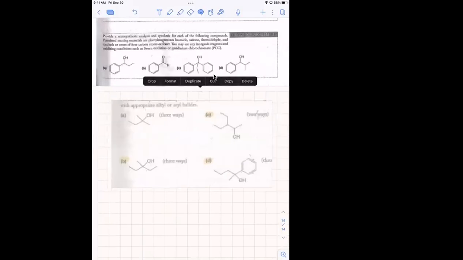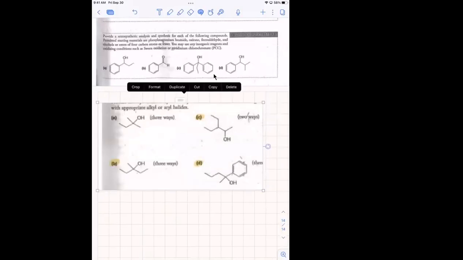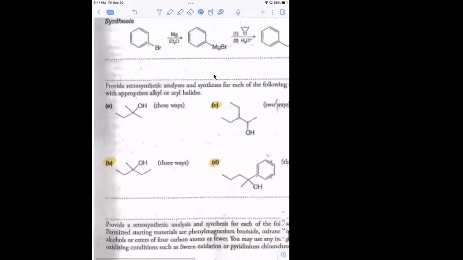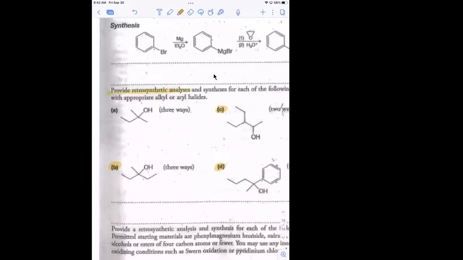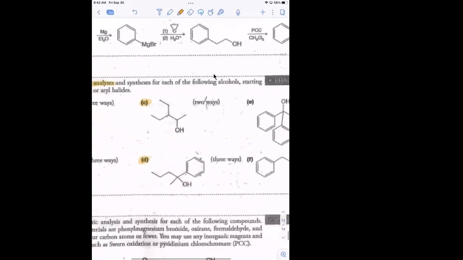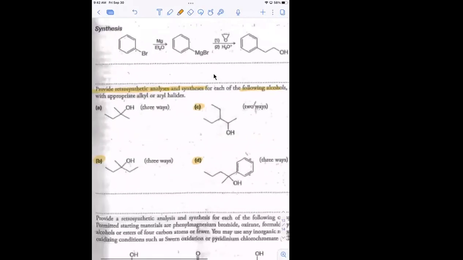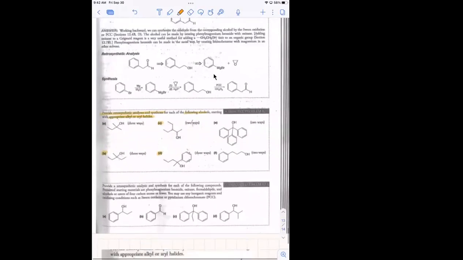Let's go back up and read the question. It says, provide retrosynthetic analyses and syntheses for each of the following alcohols, starting with appropriate alkyl or aryl halide. So these are all generated from the ones I picked, because this is from a different book. Some of these are from other organometallic type reactions, but these 3 are the result of Grignard addition.